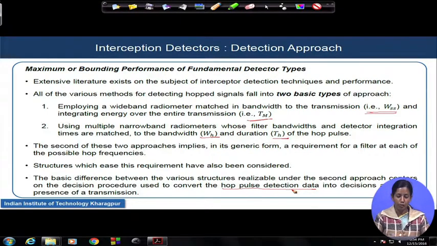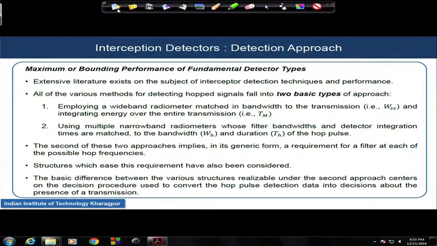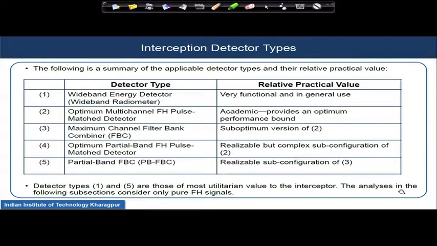So the approach itself will be different for every hop duration. Here in the second case you try to detect, whereas in the first you have to wait for the complete transmission over the whole bandwidth, and then you will be able to detect. So based on your application and the kind of detectors you are asking for, both approaches are possible to design.